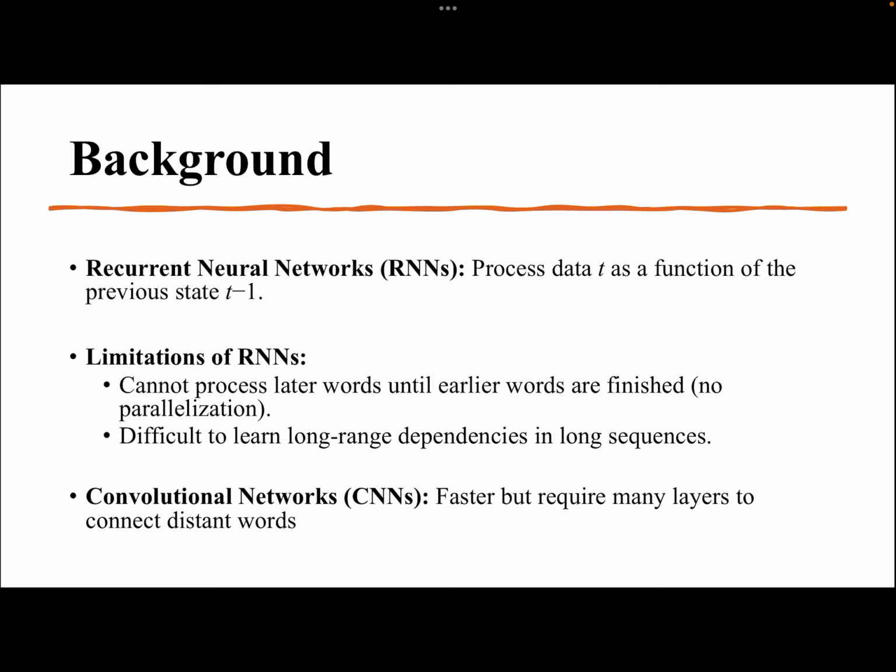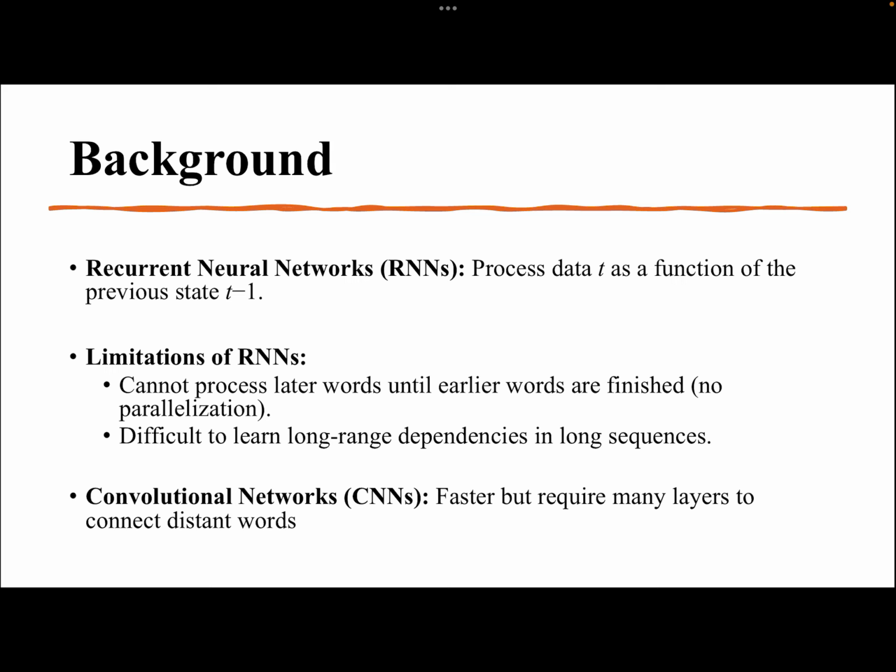Now we also have convolutional neural networks. CNN processes data faster than RNN and can capture local patterns. However, to understand the relationship between distant words, CNN may need many layers. CNN can easily understand local patterns, but to understand a global relationship, or the relationship between two distant words, CNN needs many layers.